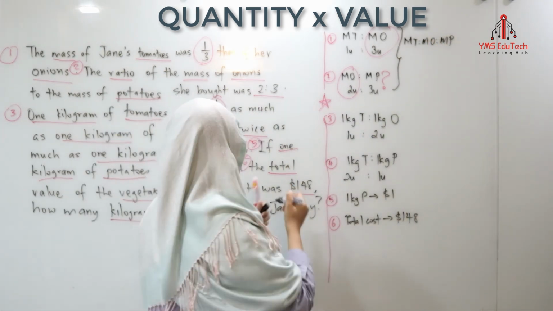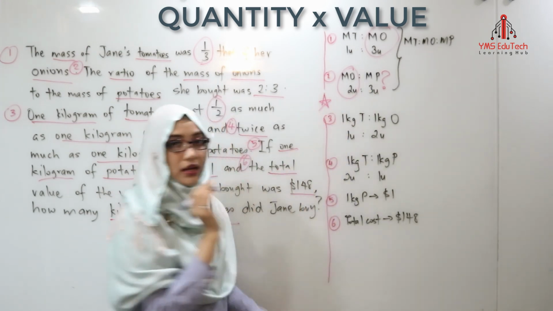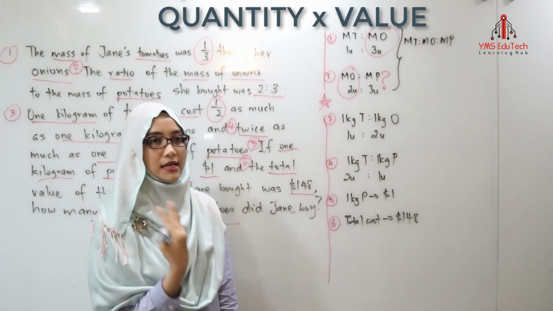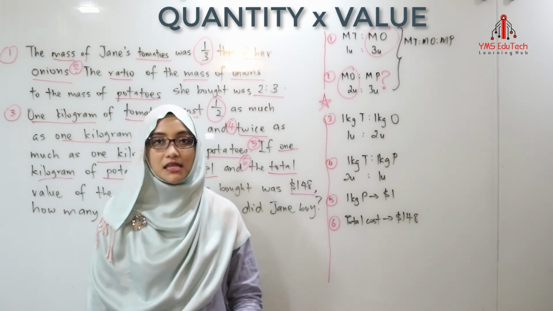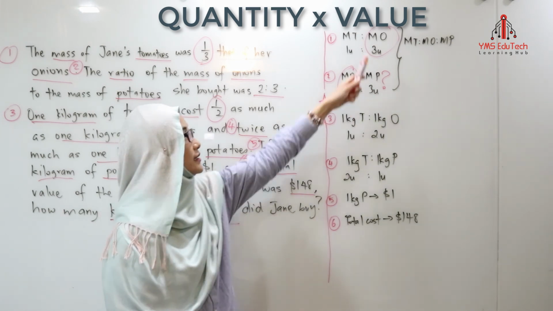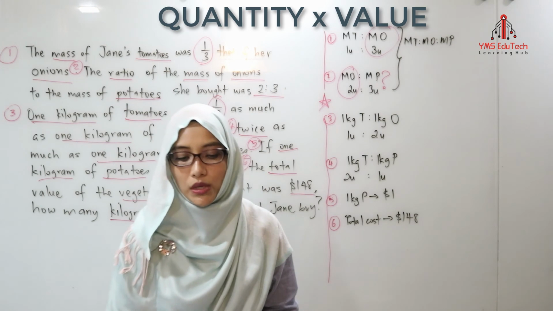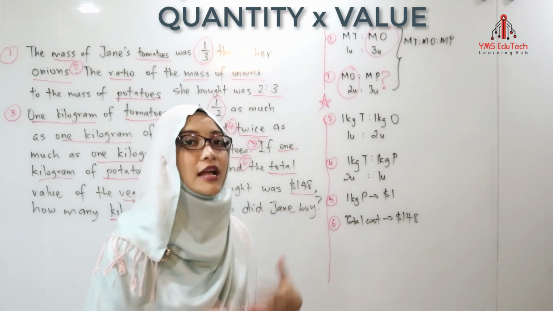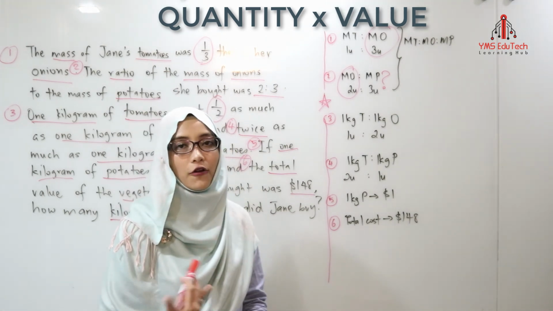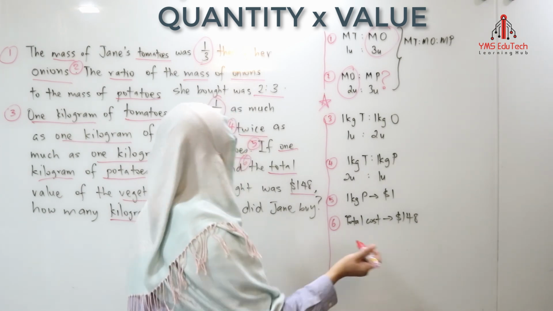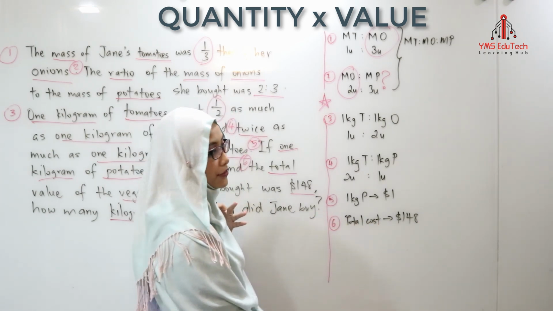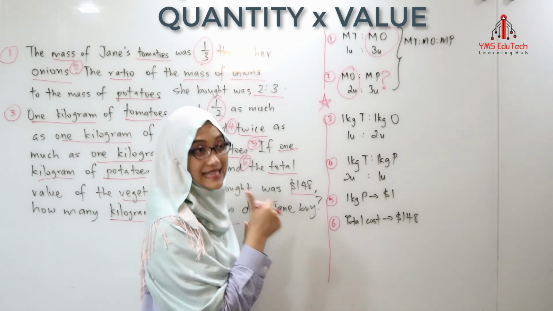Now, last week I shared how to solve a repeated item question. If I have an item that is being repeated and you observe that the number of units are different, that means we are being tested on finding the first common multiple of the repeated item. So what's the first common multiple of 2 and 3? That will be 6.